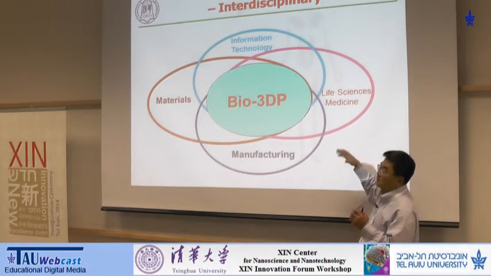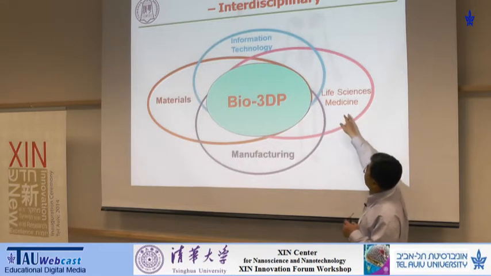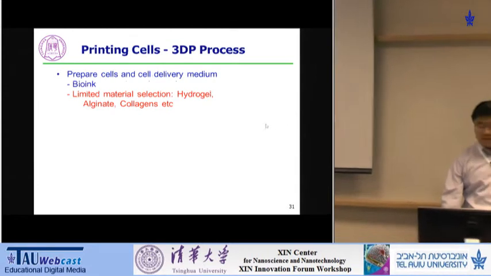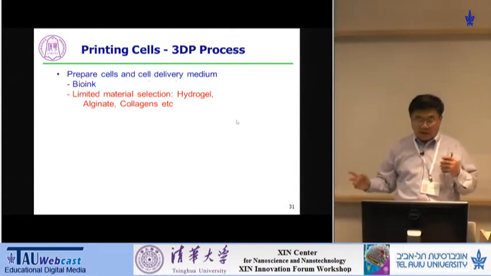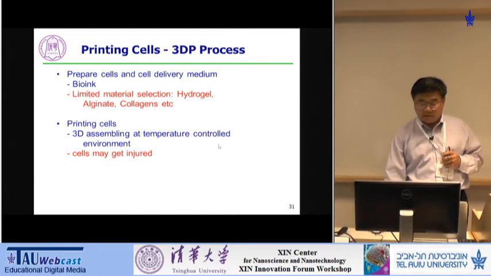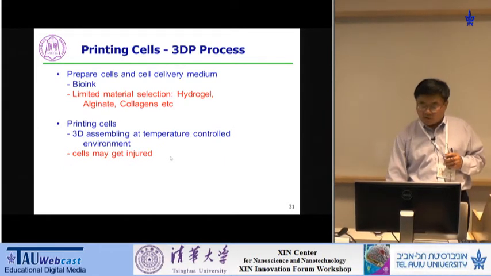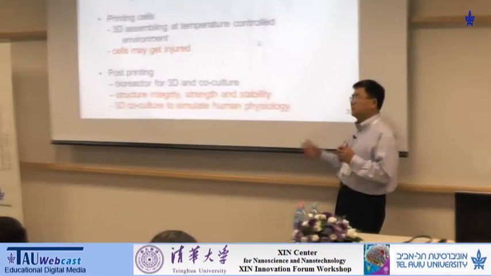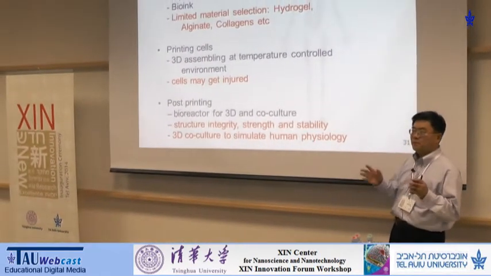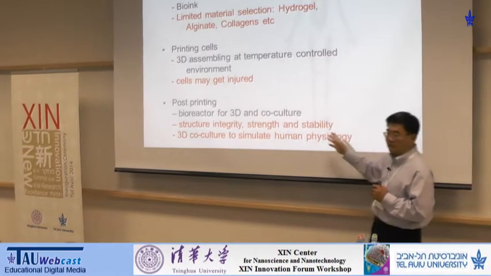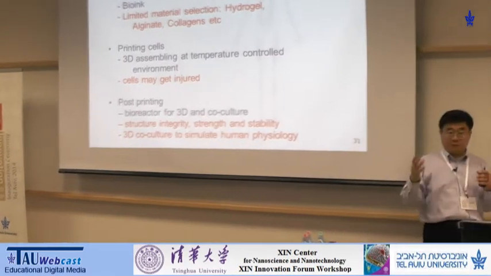So you design and make those microenvironments and apply them to life science and medicine. That's the challenge. We also don't have a lot of cells and materials, but that doesn't mean we cannot develop. And there are structures, temperature controls, and bioreactors. We're not talking about a single cell, simple culture. We're talking about co-culture, dynamic culture, even further, because you build an organ.